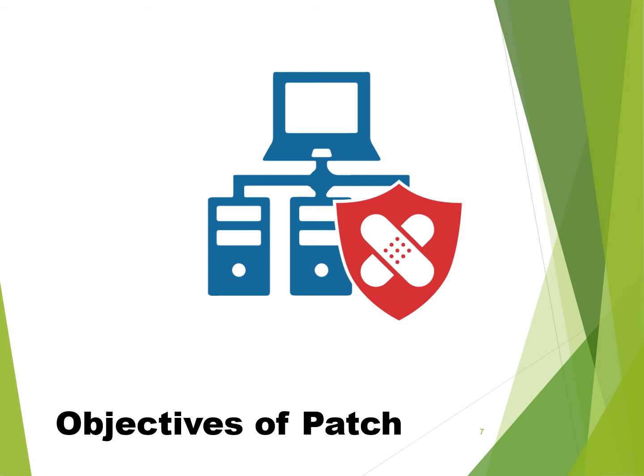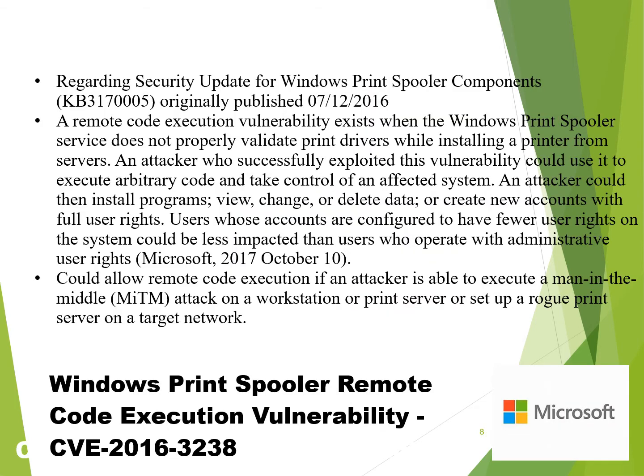We also want to understand the objectives of the patch, meaning what was it intended to fix? The following two slides outline the intentions of MS16-087, the vulnerability it sought to remove.